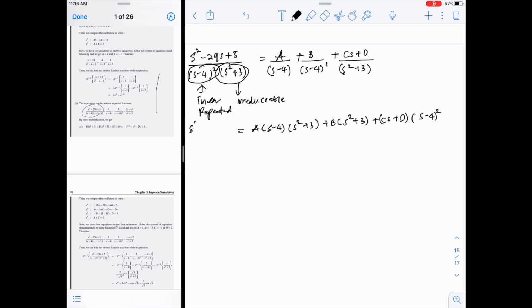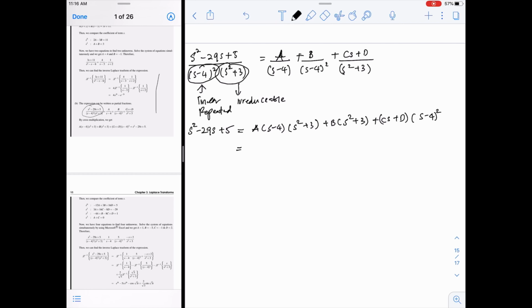Alright, so here you need to be very careful. Let's say I directly match with the left hand side, minus 29s, I have s squared minus 29s plus 5. So we need to match the left hand side and the right hand side. However, for the right hand side, you need to expand carefully so that you will get the correct answer.